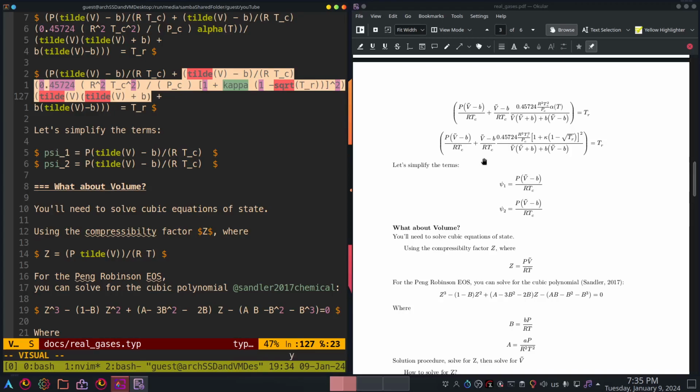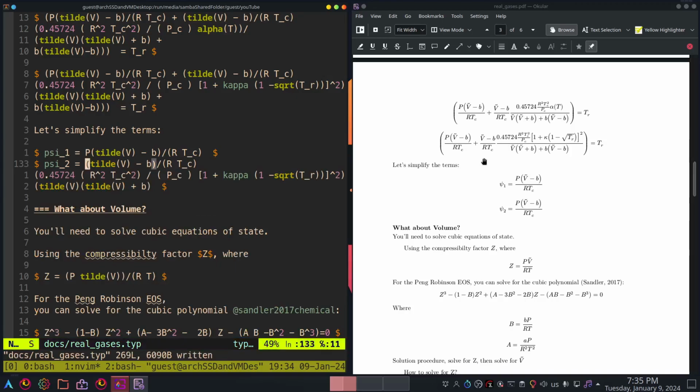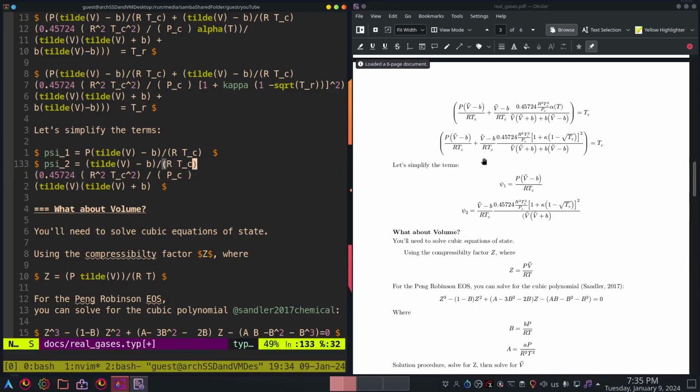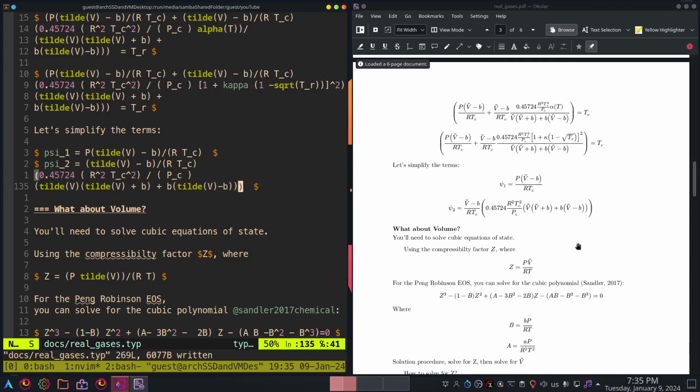So let me do this. That's not doing well. I needed to copy all the way to the bottom and I did not.